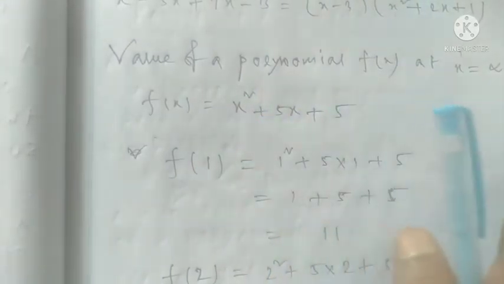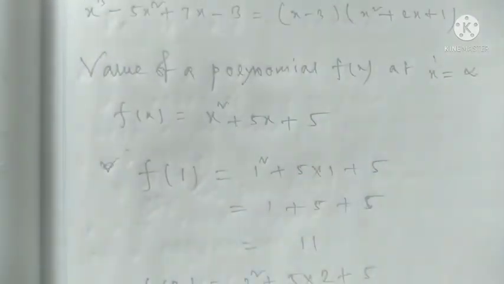Okay, now the value of polynomial f of x at alpha. You can evaluate the value of polynomial f of x at x equal to 2, x equal to alpha, x equal to 5, any number. Suppose we find the value at x equal to 5.